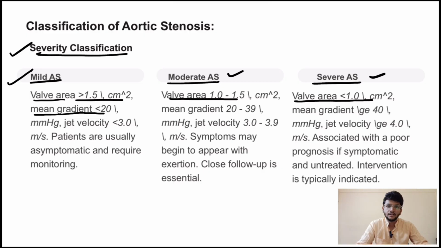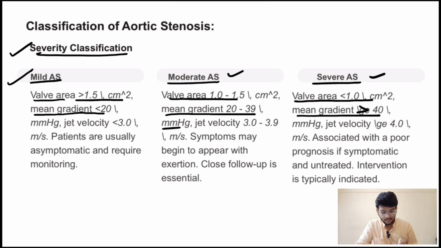The mean gradient in mild is less than 20 millimeters of Hg. In moderate it is from 20 to 40 millimeters of mercury. In severe it is more than 40 millimeters of mercury.